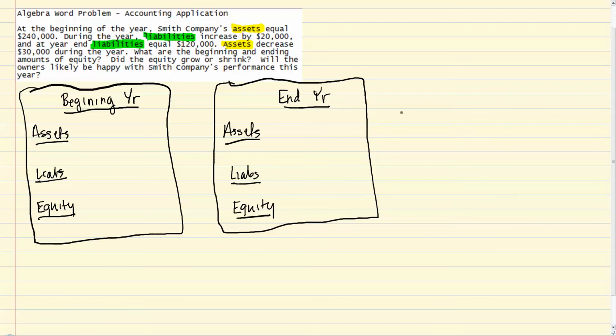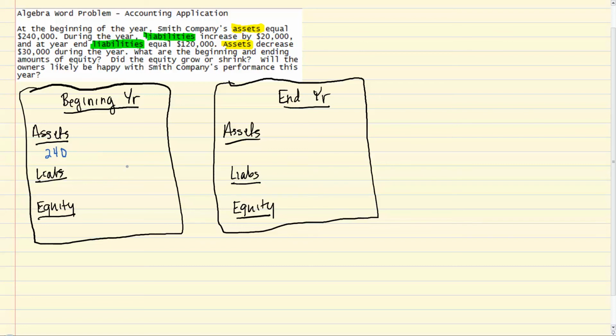Okay. Now, what we're told is our assets equal 240,000 at the beginning of the year. That's great, they just flat out told us what the assets are. So I'm going to put down 240, and everything's going to be in thousands here.